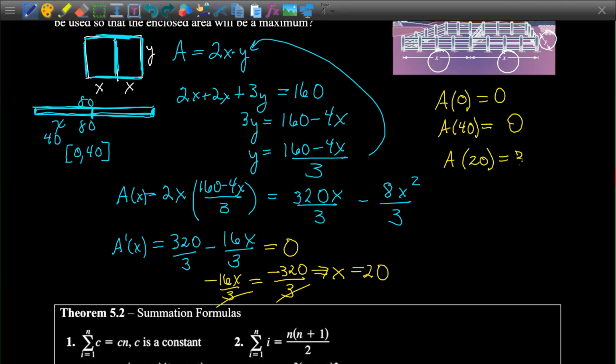So this is going to be 320 times 20 over 3 minus 8 times 20 squared, also over 3.